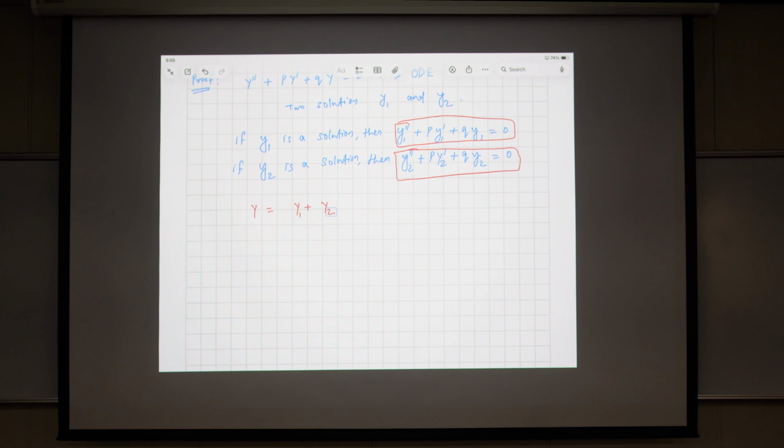I can put any constants here, let's say C1, C2.